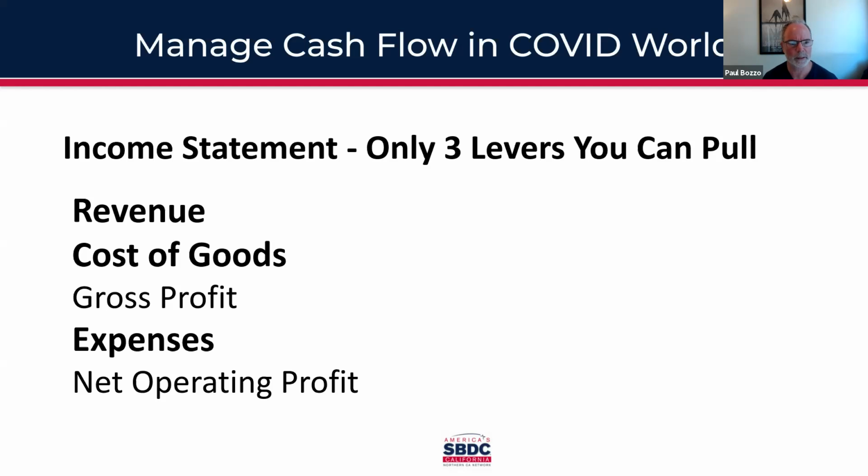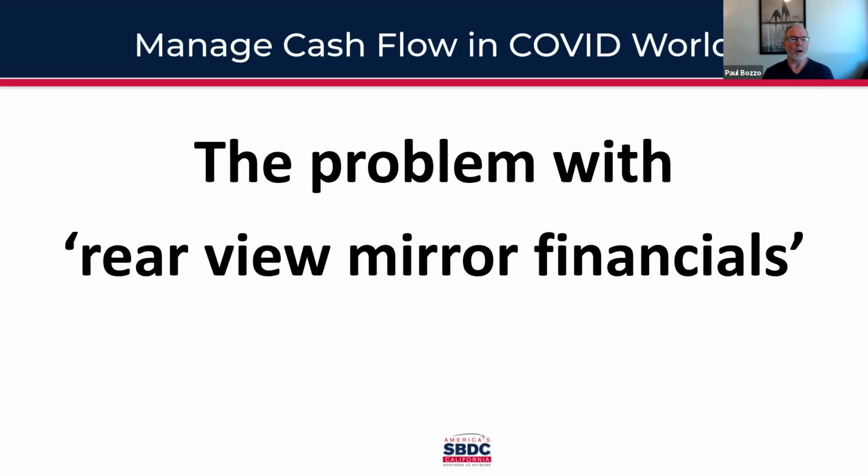So here's the problem with what I call rear view mirror financials. If we look at a QuickBooks report, a tax return, or any type of report generated for a business, it's all looking backwards. And that's great, it's important information. It helps you understand the probability of certain events occurring in the future. One of the most important things I do with business owners is say, send me your last 12 months of the income statement, profit and loss, by month.